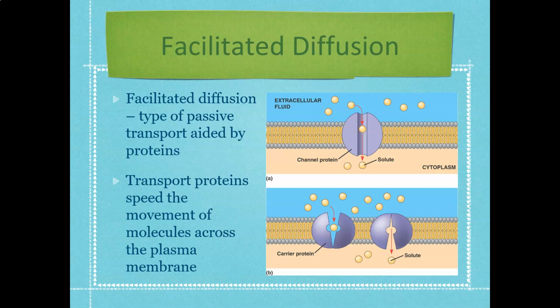And some of these passive transport systems don't require the energy in order to move anything, but they do require something like a hormone or a neurotransmitter to attach to that protein and sort of unlock it and open it up and allow for the passive movement of molecules.